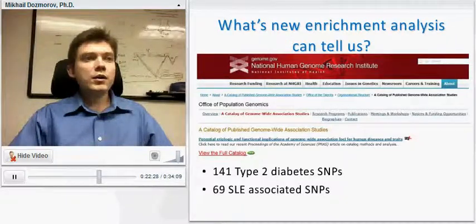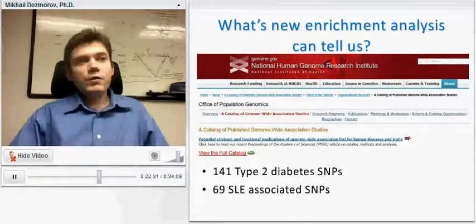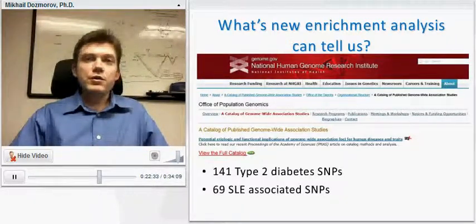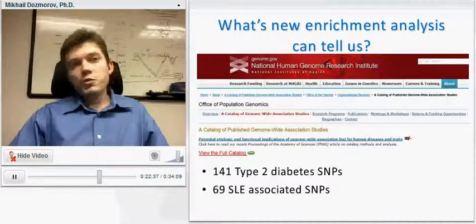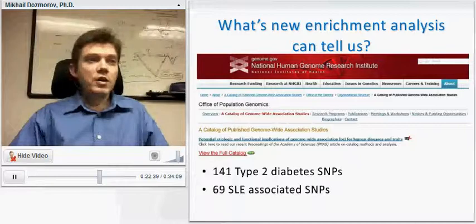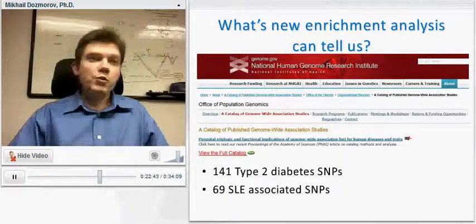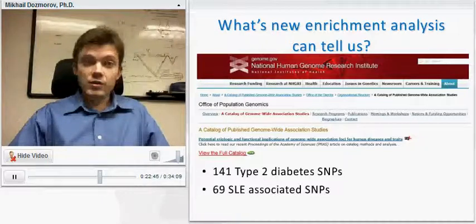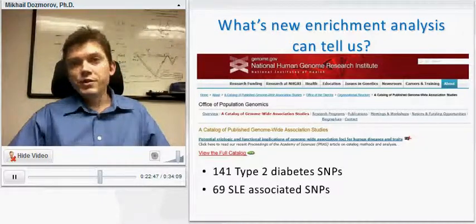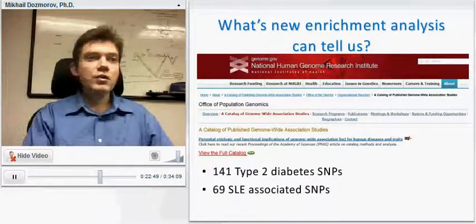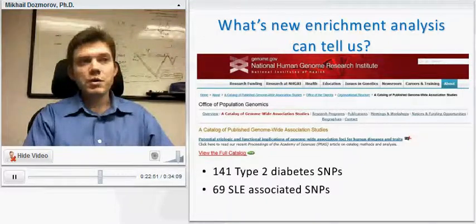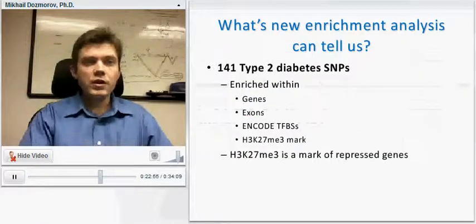From this site, I took 141 type 2 diabetes SNPs and 61 systemic lupus erythematosus associated SNPs. Both of those diseases are autoimmune related, but of course they are different diseases. And the question is, what's so special about SNPs associated with one disease and SNPs associated with another disease?